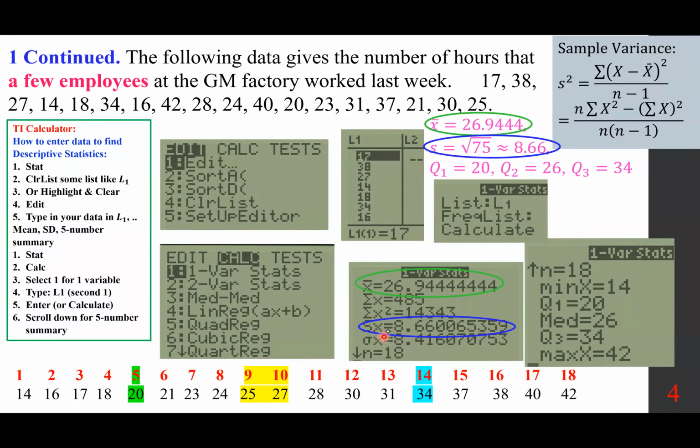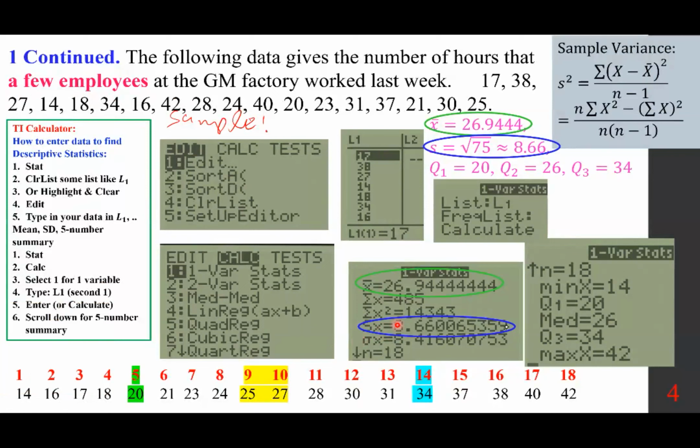You should know whether you're dealing with a sample or a population. This is dealing with a few employees. You're dealing with a sample, everybody. Therefore, you want the S, not sigma.